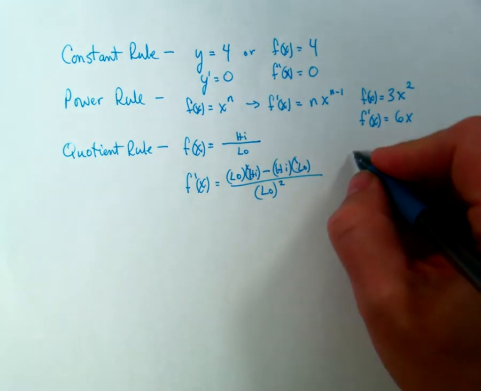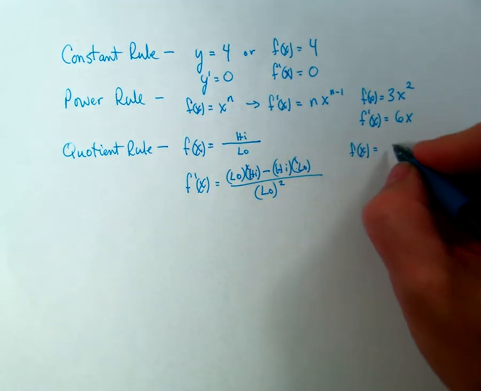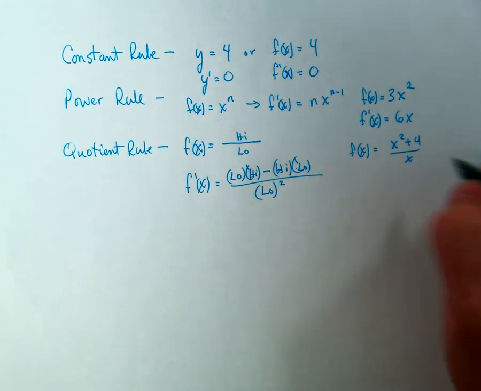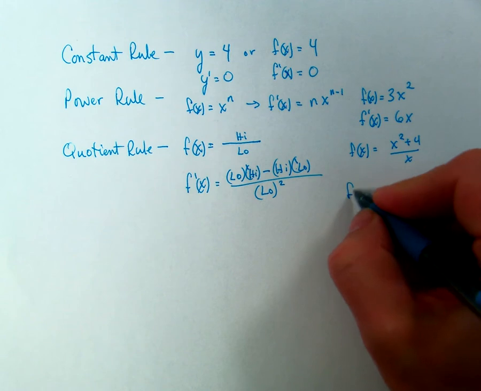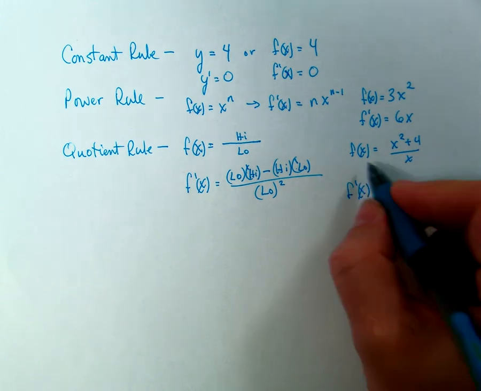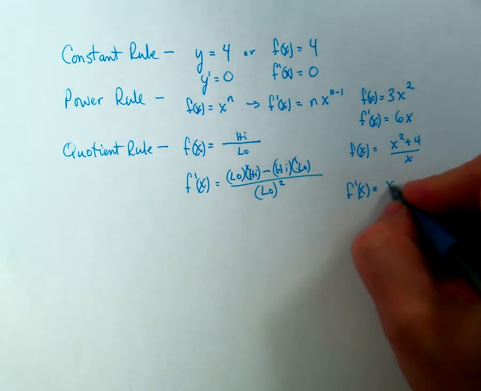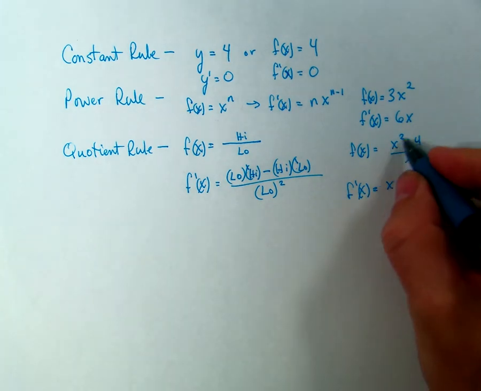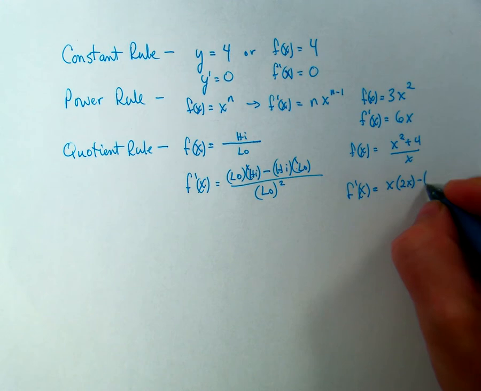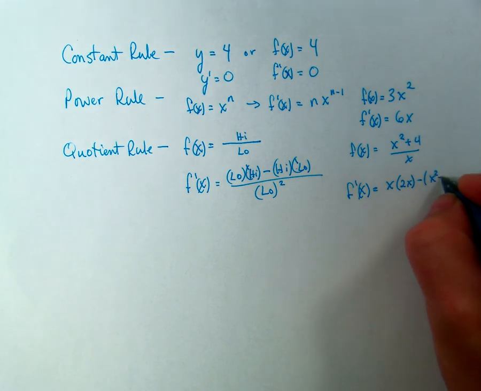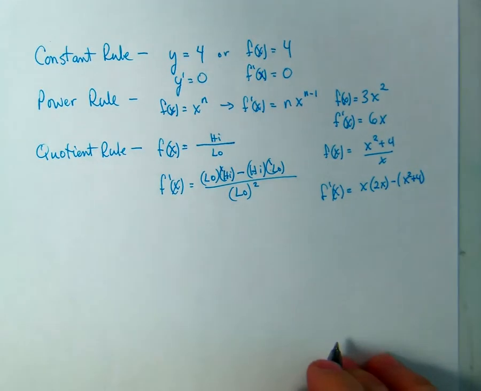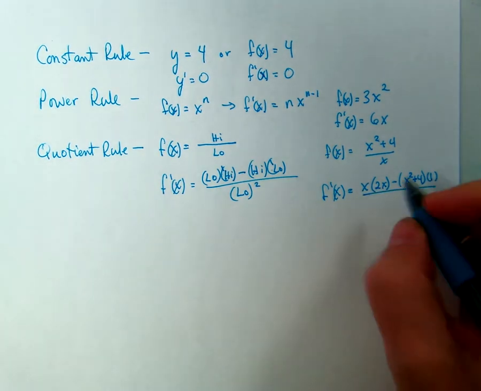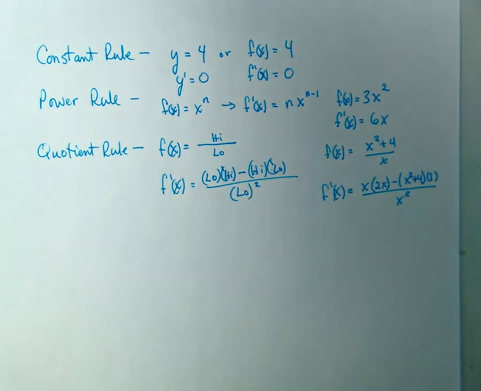An example of this would be if f of x was equal to x squared plus 4 over x, then we would have the derivative. The derivative would be the low function times the derivative of the high function, which would be 2x using the power rule, minus the high function times the derivative of the low, which in this case is just 1, all over the low squared.